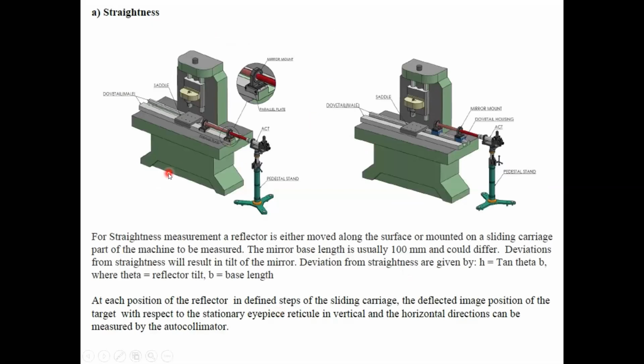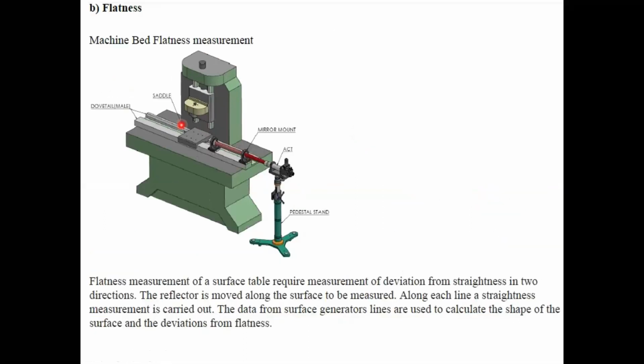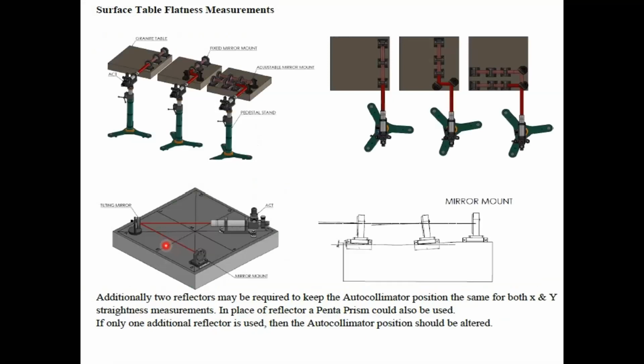In the machine shop, you can check the straightness. If you observe the diagram here, this autocollimator is used to find the straightness and flatness. You can check the flatness of the bed and the surface table flatness measurement.